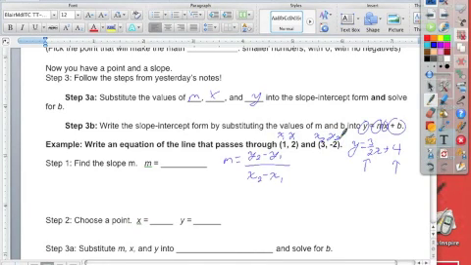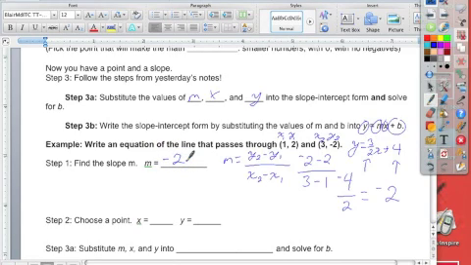All right, y2 is negative 2 minus 2 over 3 minus 1. So I'll wind up with negative 4 over 2. Negative 2 minus 2 is negative 4, and 3 minus 1 is simply 2, which reduces to negative 2. So I know that my slope is negative 2.